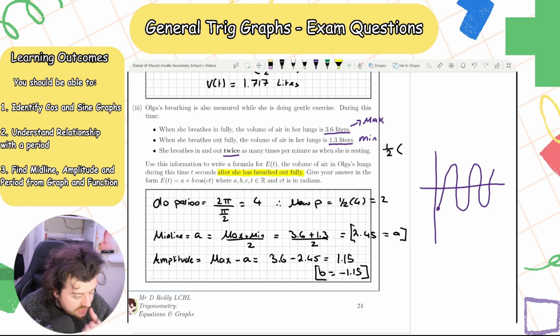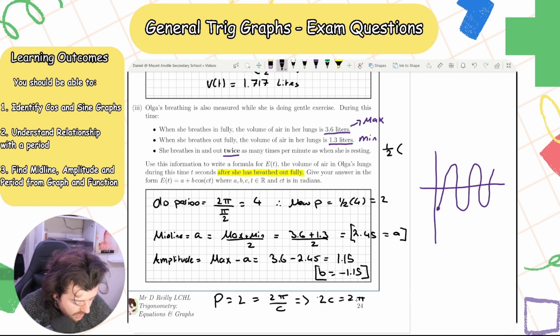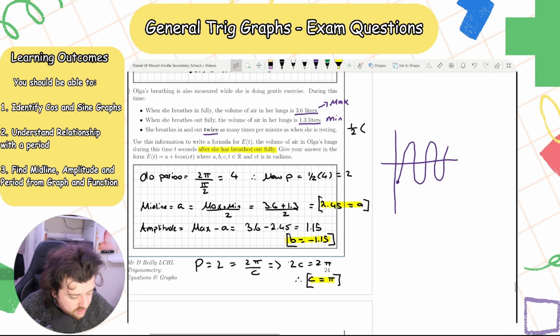To find C, we're going to use my period. So the period is equal to 2, which is equal to 2 pi over C. So 2C is equal to 2 pi. Therefore, C is equal to pi. So I have A, B, and C. Let's sub it into my formula.